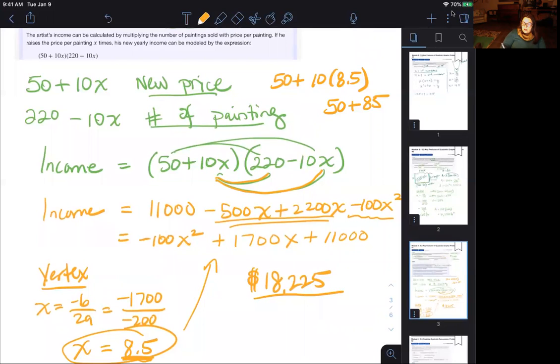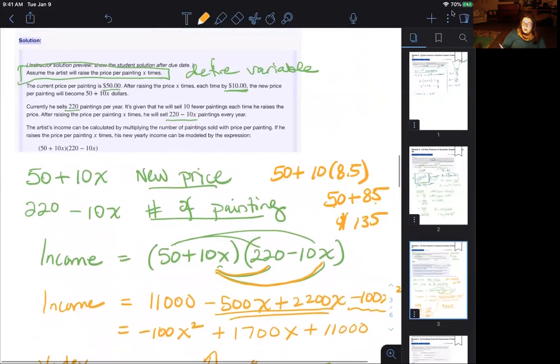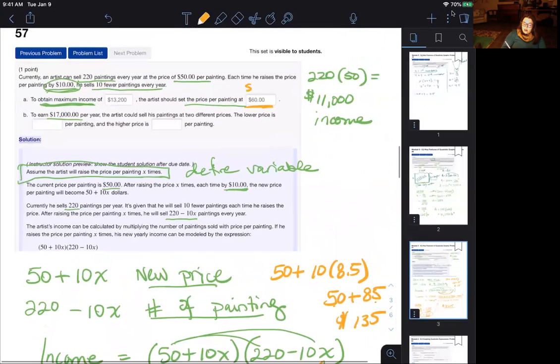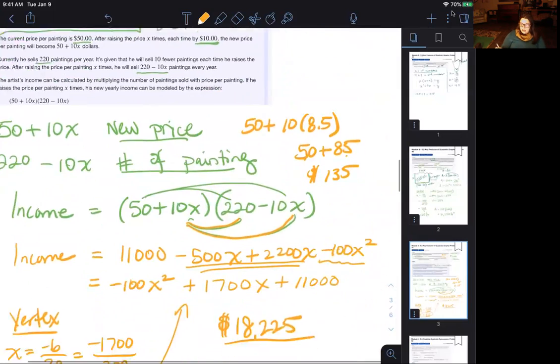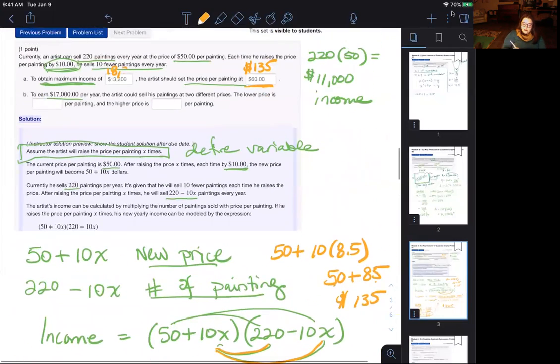So they want to set the price at 50 plus 85, what is that? 135. So the new price should be $135, and that will obtain a maximum income of 18,225.